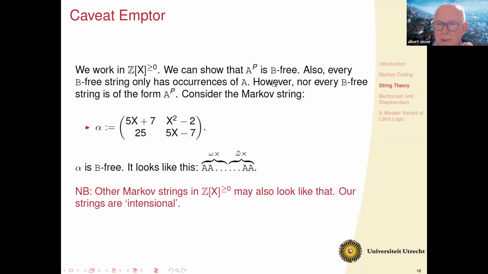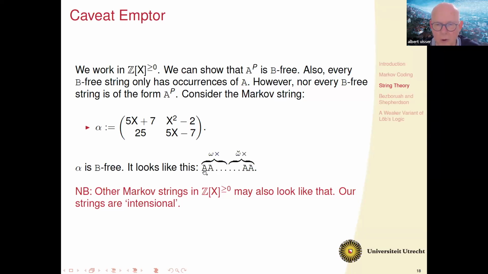All these things you can prove. However, not every B-free string is of the form a to the p. So this is the example. If we have, for example, alpha is 5x plus 7, 5x minus 7, 25, and x squared minus 2. If you look at this string and then you sit down and do the homework and do the computation, it turns out that the string looks like this, right?